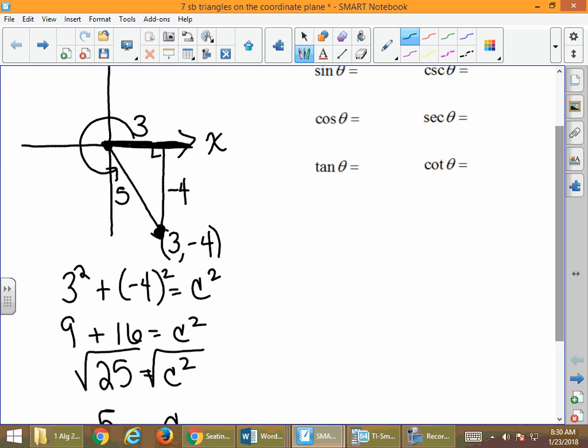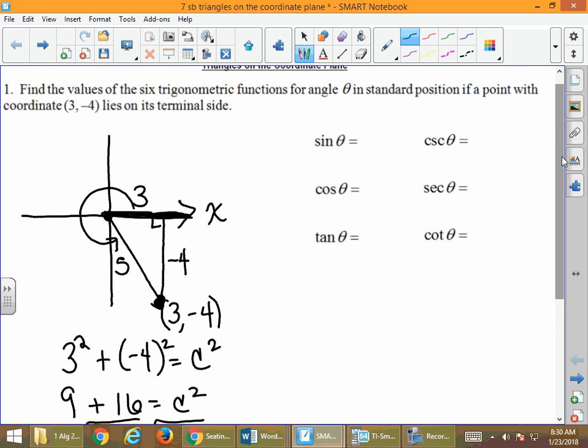But once we know that, now we can fill in all of these trigonometric values. There's a little bit of new stuff here, but it'll be okay. We'll figure it out. As we label, this is theta. And I should have labeled that a little bit earlier, but there's where theta is in standard position.